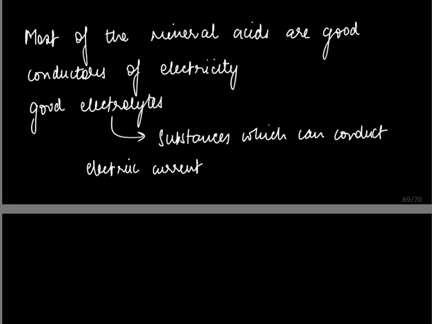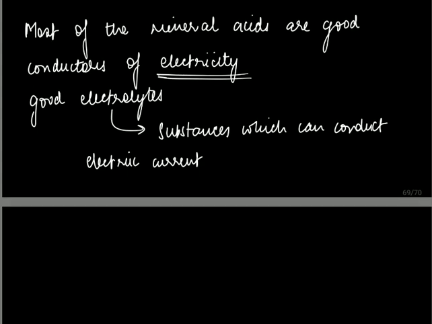Now on electrolysis, since we are talking about electricity, obviously an acid is undergoing decomposition. If you go back to chemical reaction and equation types, in the presence of electric current it is going to decompose into hydrogen. And where is hydrogen obtained in the electrodes? It's going to be at the cathode.